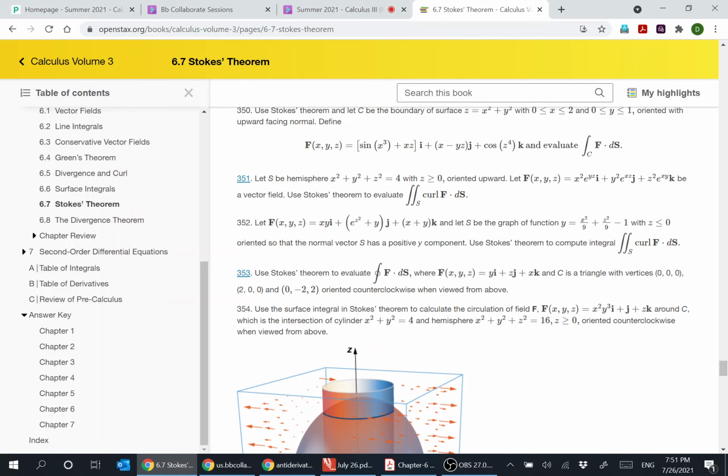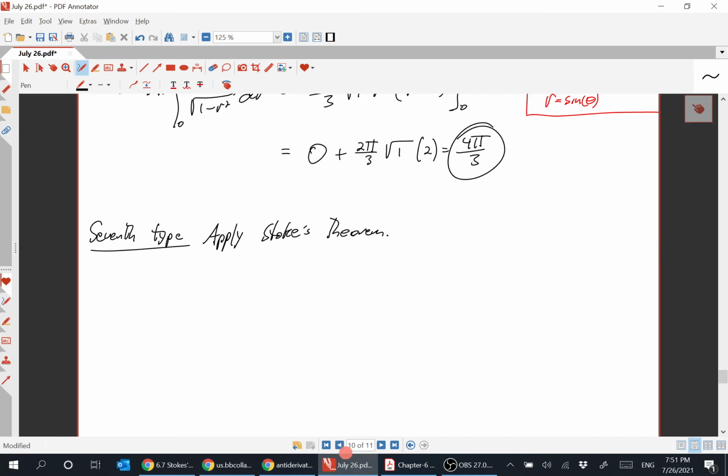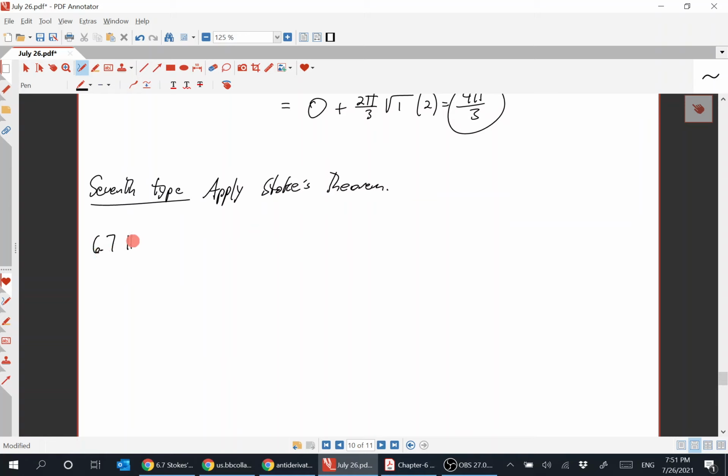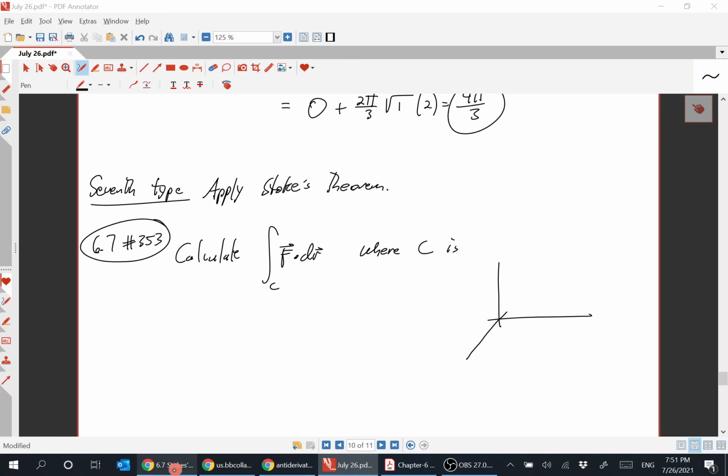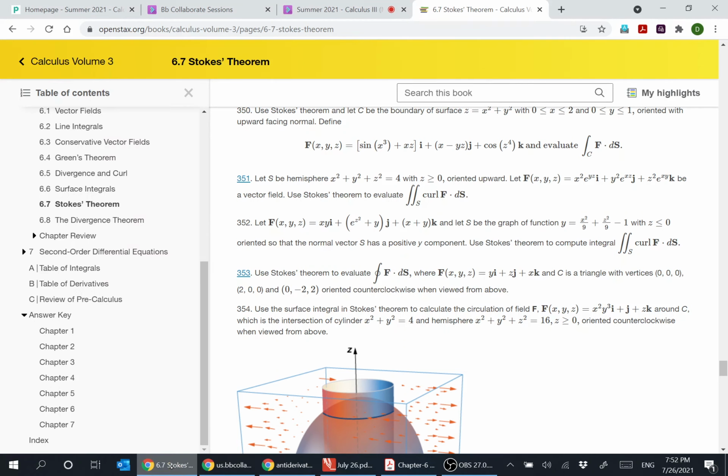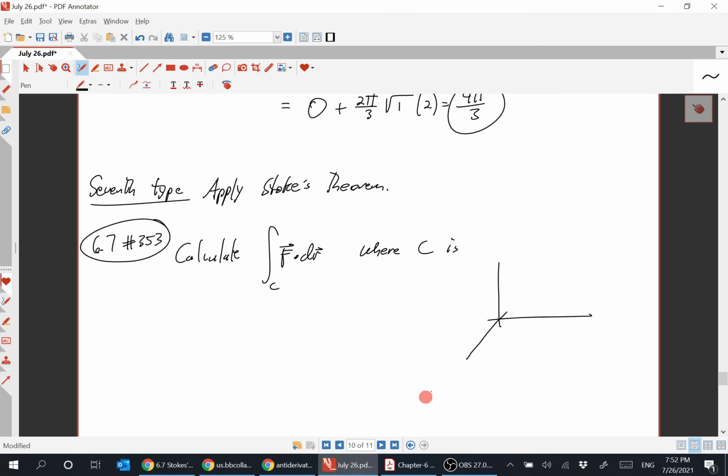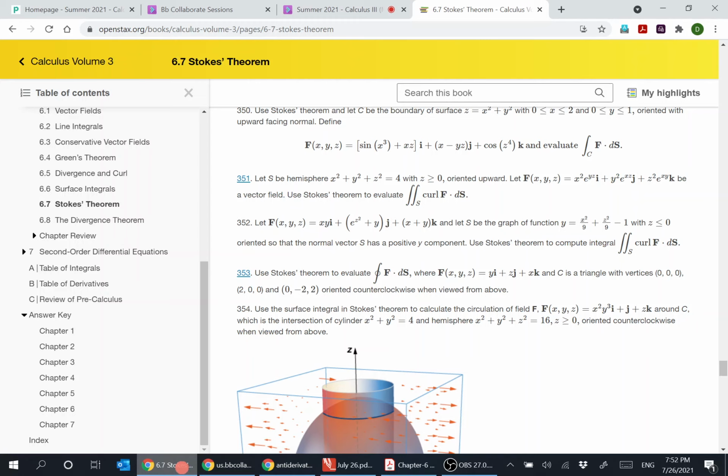So 6.7, number 353. So calculate the integral of f dot dr over C, where C is this: 0, 0, 0, 2, 0, 0, and 0, negative 2, 2.